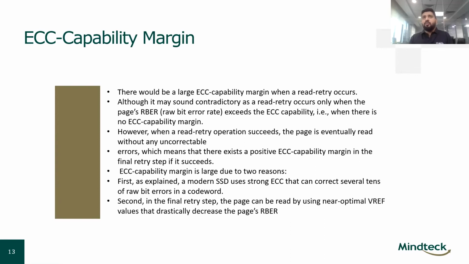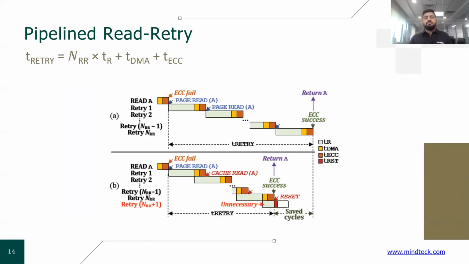Now, by understanding both features, the cache read feature and the ECC capability margin, we will understand what changes we introduce and how read retry latency is decreased. First, we will go through pipelined read retry, which is based on the cache read feature. As we can see in the normal scenario in figure A, when a read A fails, we try the read retry steps.